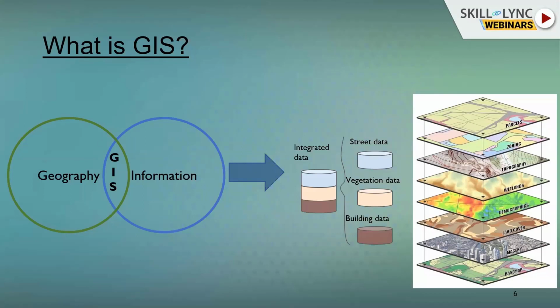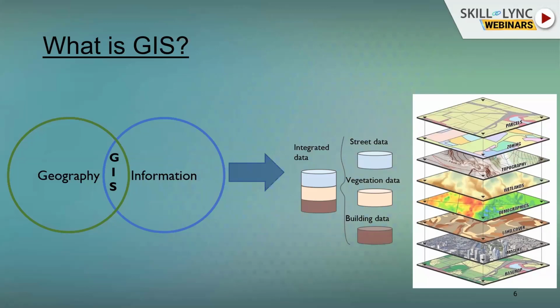Because most of you are from the civil engineering department, you have been working with AutoCAD drawings. AutoCAD drawings have layers of floor plans, doors, windows, electrical features, and many such data sets. You work on a particular building, but here I'm talking about geography, meaning the earth's surface.